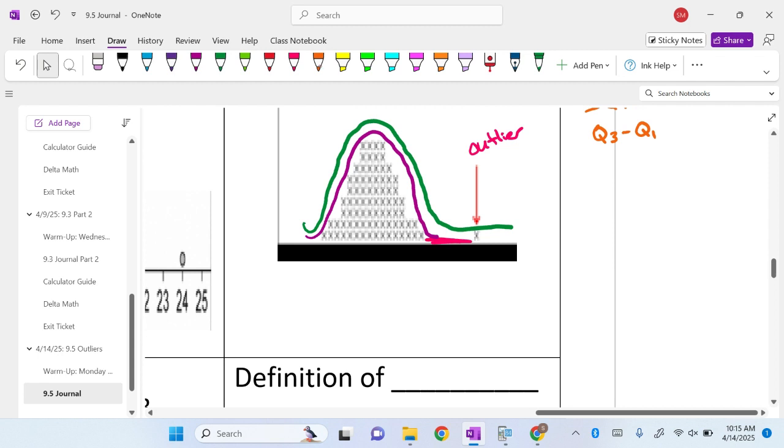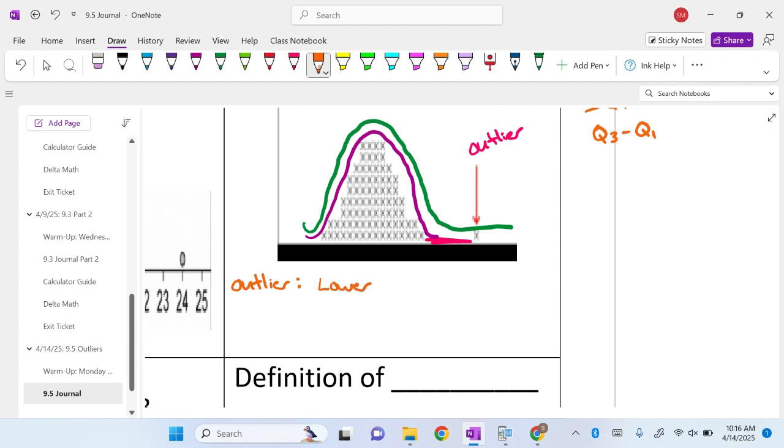So these are the two formulas for finding outliers. The lower side of your outliers is given by the formula Q1 minus 1.5 times your IQR. And the upper side of your outliers is Q3, or your third quartile, plus 1.5 times your IQR.